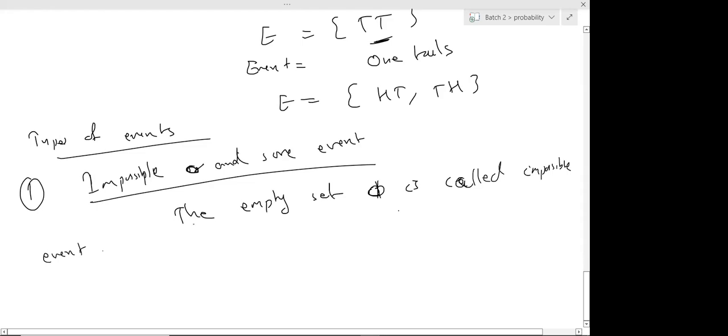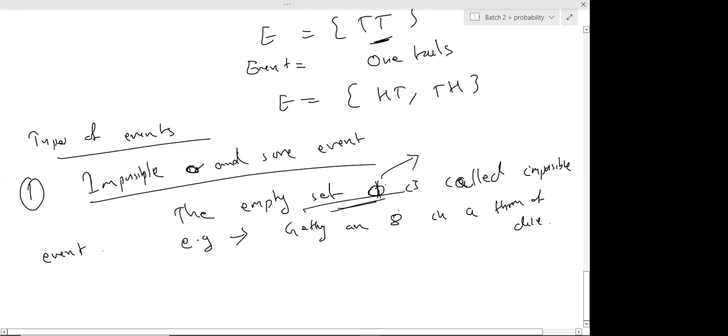For example, getting an 8 in a throw of a die. There will be no element from the sample space that you can take, right? So the event will be an empty set phi, that is an impossible event.